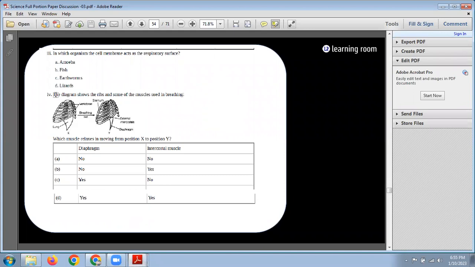The fourth one: the diagram shows the ribs and some of the muscles used in breathing. You should know what X is and all these things. Which muscle relaxes in moving from position X to position Y? What is position X? What is position Y? Sir, in position X the lung is filled with air, and in position Y the lung is contracted, so it is releasing air.